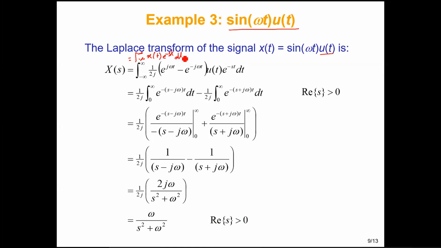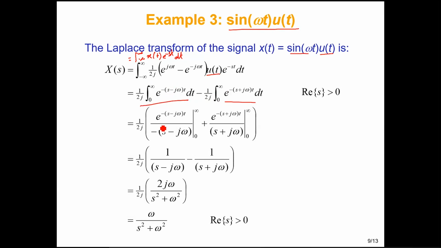And for ease of integral, we can express this x of t in the form of exponentials, e raised to the power j omega t minus e raised to the power minus j omega t over 2j. We can take this 2j outside, and this u of t is just going to change your limits from 0 to infinity, and we end up getting two integrals like this, combining your exponentials.